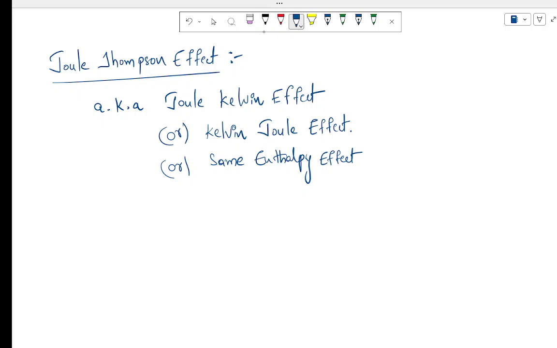So these are various names of the same thing: Joule-Kelvin, Kelvin-Joule, same enthalpy.